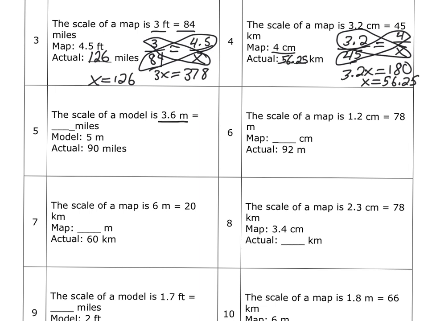We're given map. We're not given the actual. So we put our variable there. We're given map, and we're given actual for the other fraction. So I take 90 and multiply it by 3.6, and I get 324, and 5 times x is 5x.